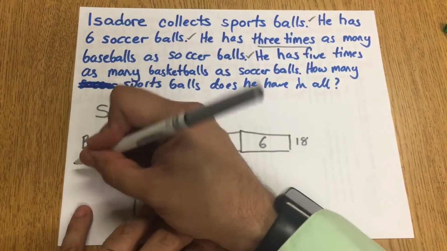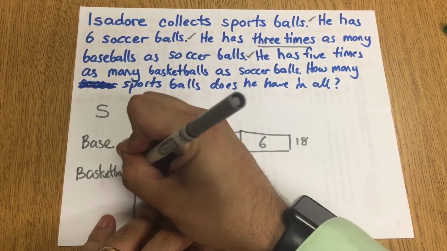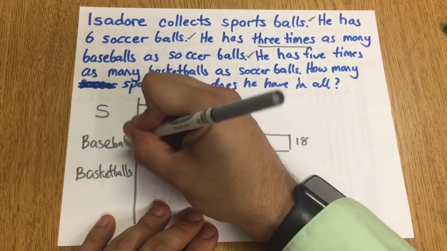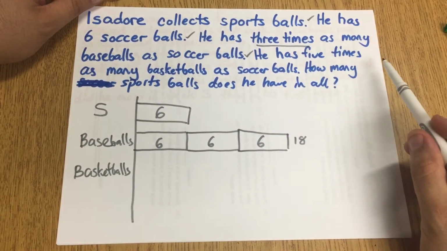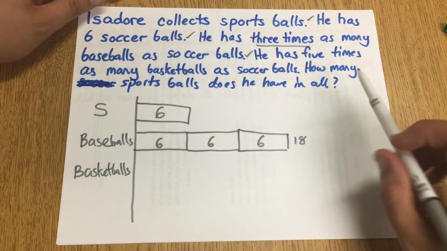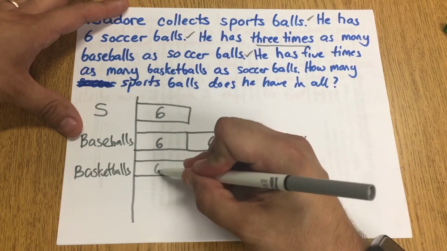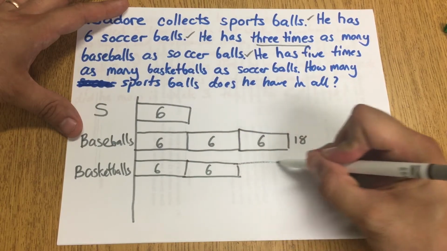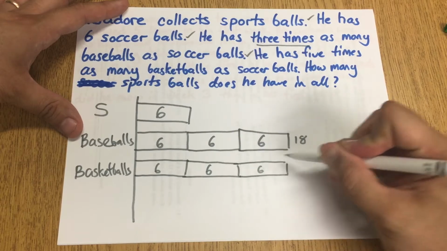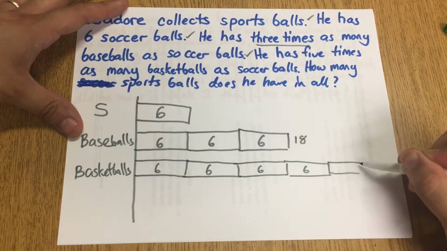Now we've got basketballs. He has 5 times as many basketballs as soccer balls. So once again, I know that there's 6 soccer balls. 5 times that, I'm going to make 5 groups here. 2, 3, 4, 5.